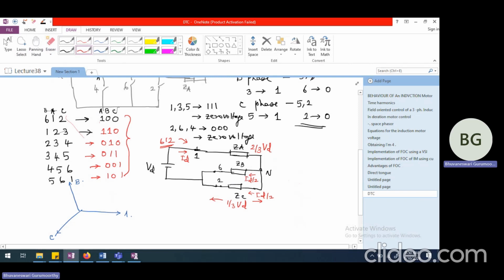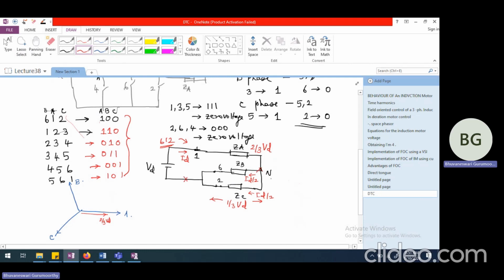Now, ZA is having 2 by 3 VD. So let us say this is going to be 2 by 3 VD. And ZB and ZC are having 1 by 3 VD. But please remember, neutral is at a higher potential compared to the potential at this point, because this is the negative terminal of the battery.